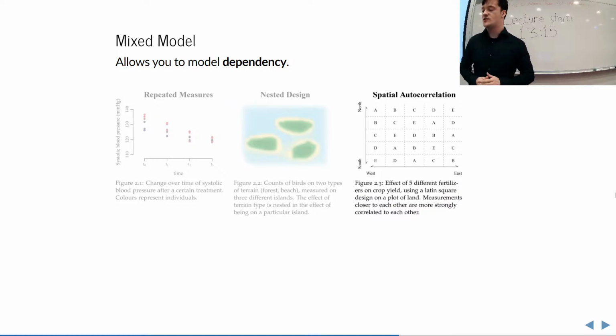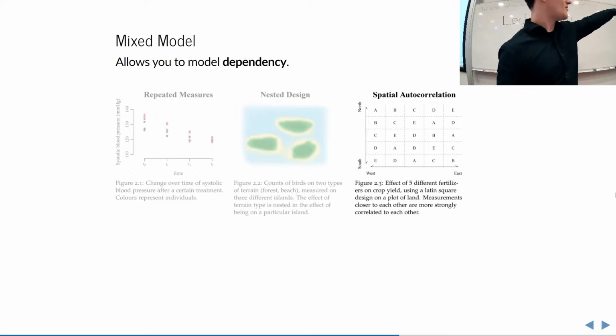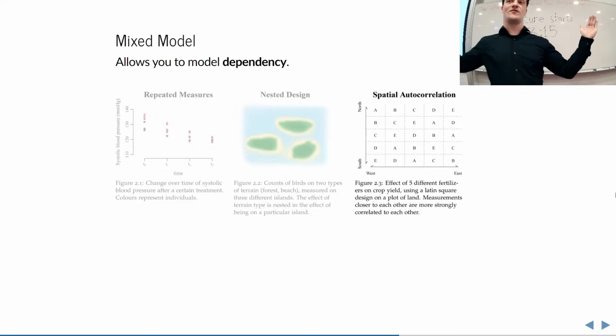Finally, this is not something we're going to do. I'm not the course coordinator of advanced statistics, but I think this is quite a bit more complex. But you can also use mixed models for spatial autocorrelation. So imagine that thing shown on the right is a plot of land, and you're a farmer.